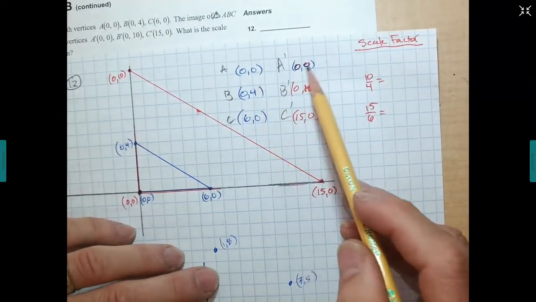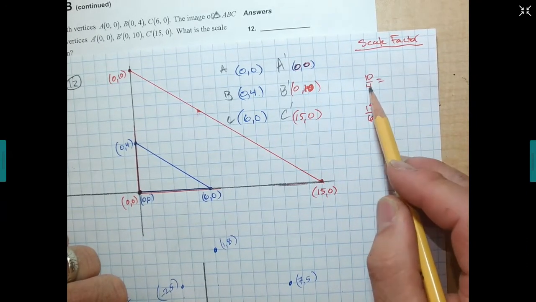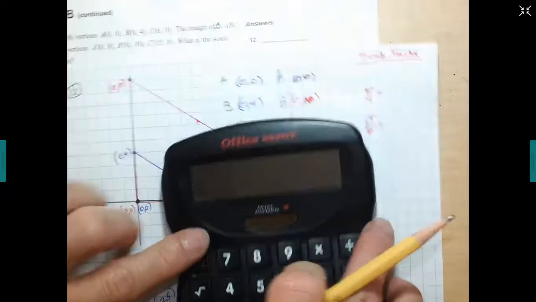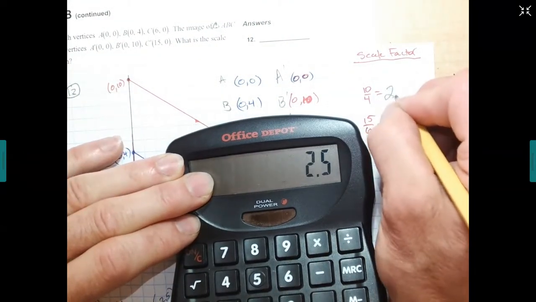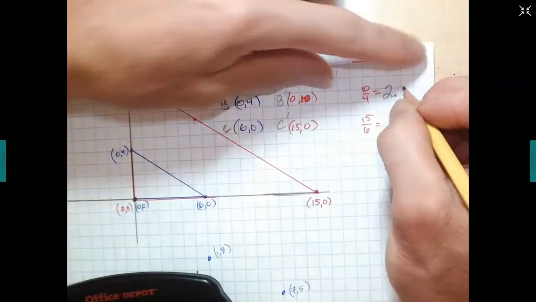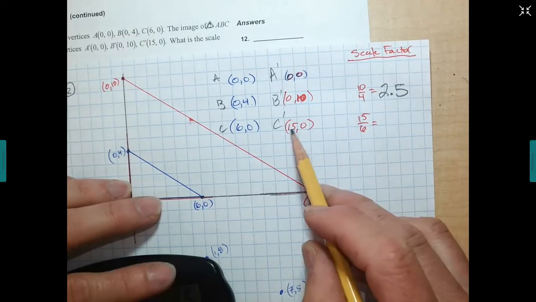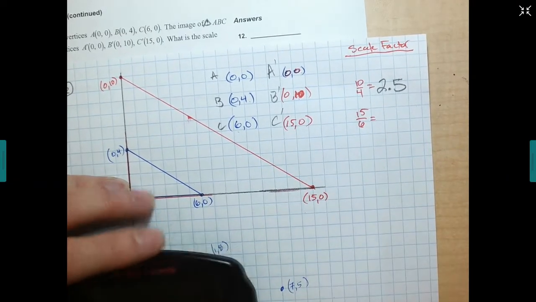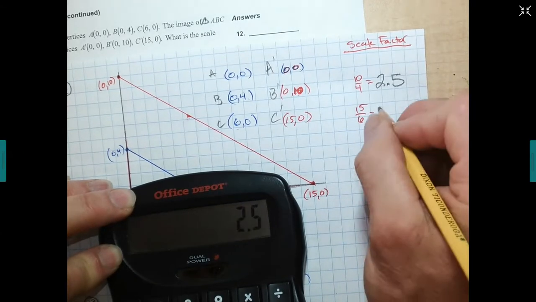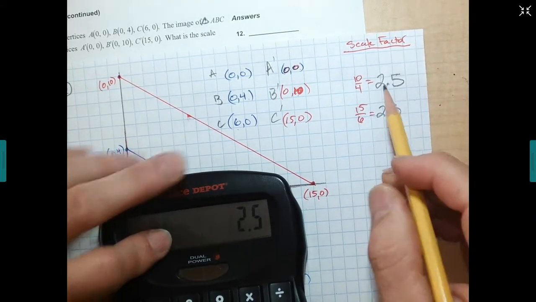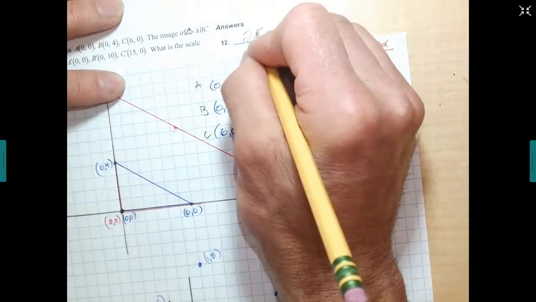And so 0, 0, that doesn't give me anything to go with, but I have a 4 and a 10. So 10 divided by 4 is 2.5. So we're going to double check with our next one. And if we get the same scale factor, then sure enough. So I have a 15 and a 6. So 15 divided by 6. Look at that. So our scale factor is 2.5. There you go.